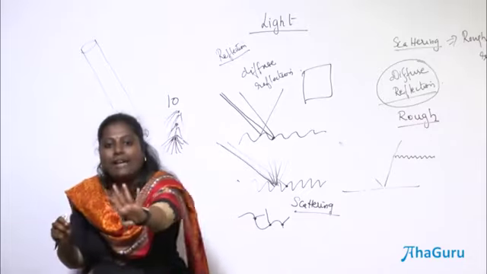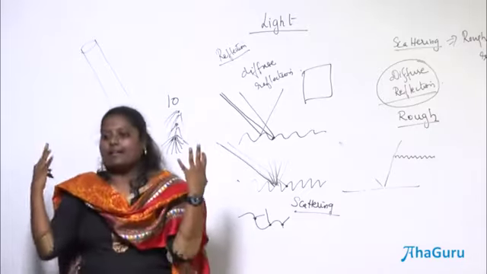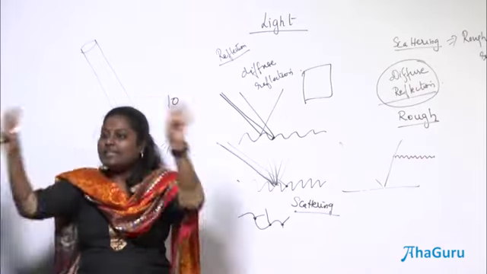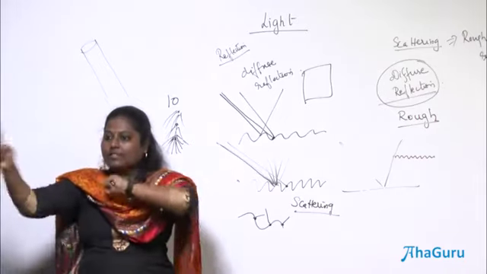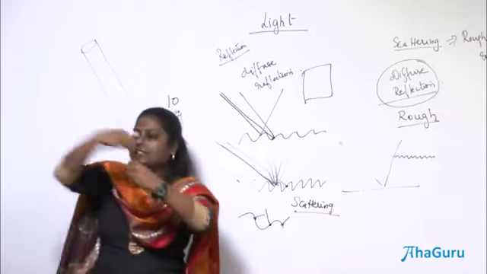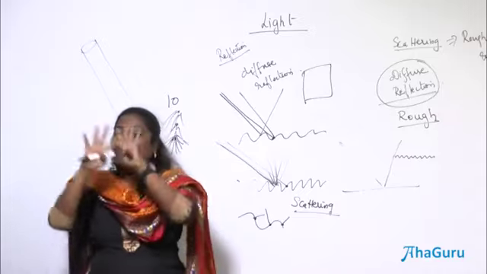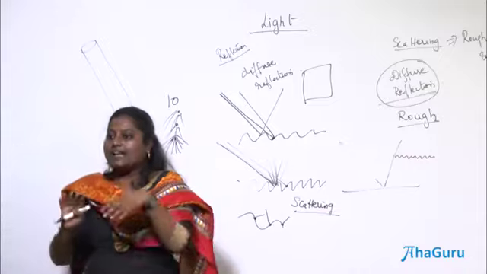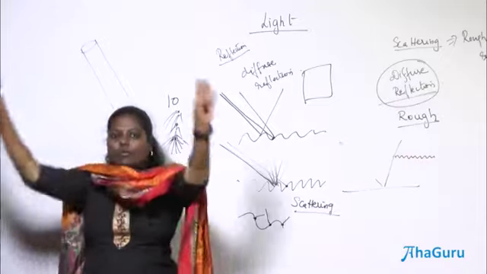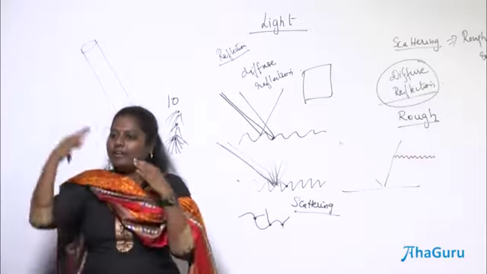So if I send out 10 lights, it comes out as 100 lights, and everything is mixed up. So you will not be able to figure out whether this is eyes or nose or cheek. You will only see the wall and not your face on the wall.